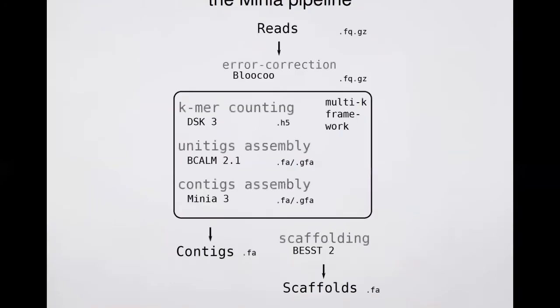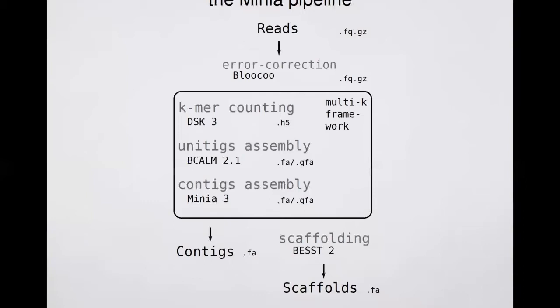That's an overview of the Minia pipeline. It starts on the top from the reads. There's error correction, which wasn't performed in this challenge. And finally, the big box is a multiple K framework for assembly consisting of 3 steps. The first step is K-mer counting, done using the DSK software. After that, we do unitig assembly using BCALM, which produces a FASTA file already.